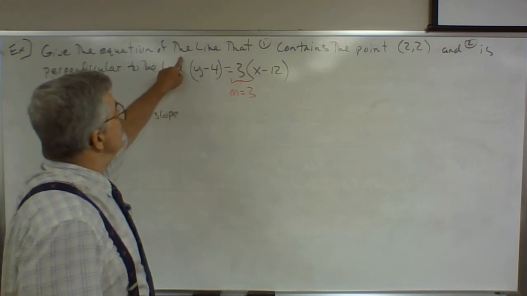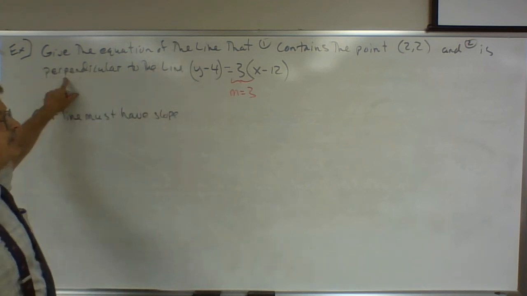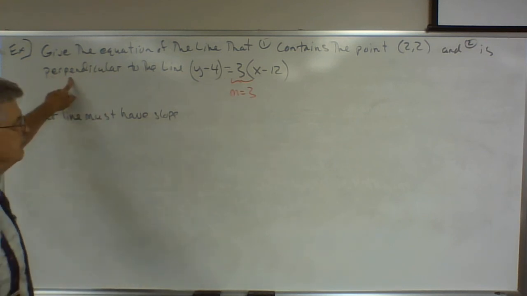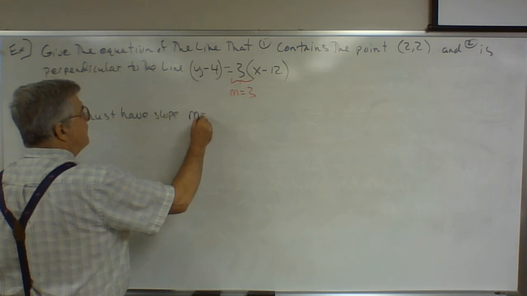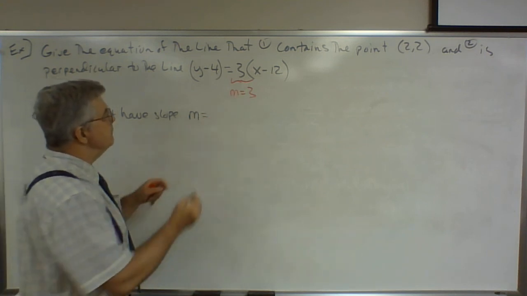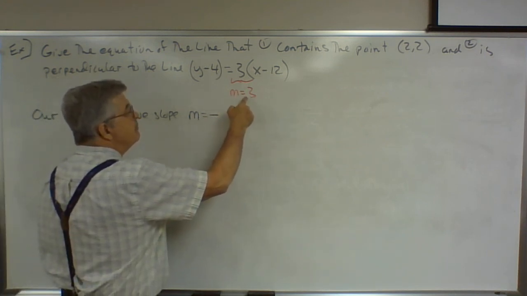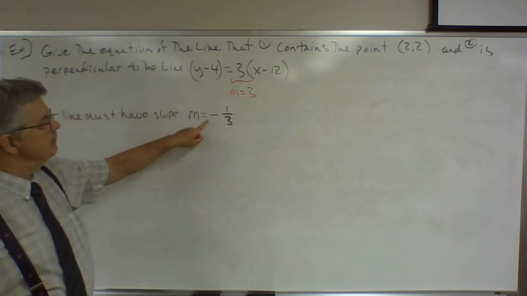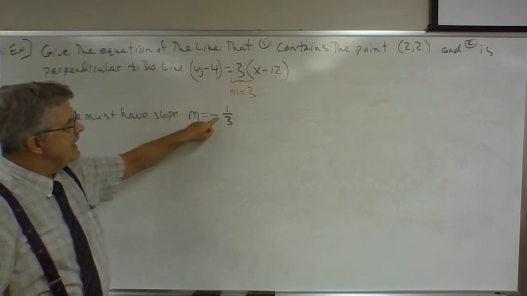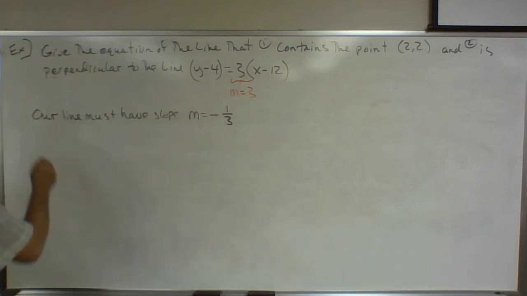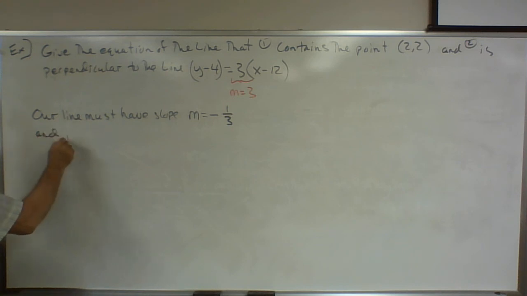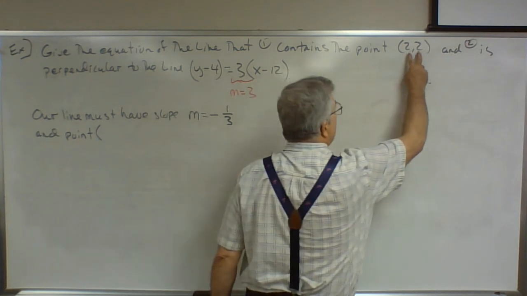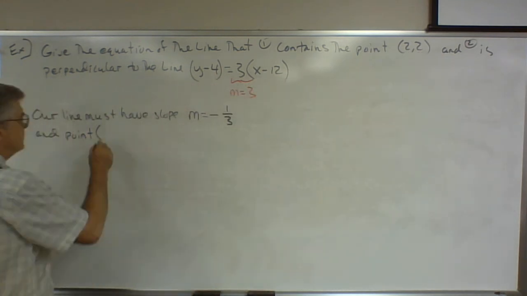The line that we want is supposed to be perpendicular to this line. So the line that we want should have a slope which is the negative reciprocal of this slope. We want the line that has slope m equals -1/3, and it has a point (x1, y1) equals (2, 2).